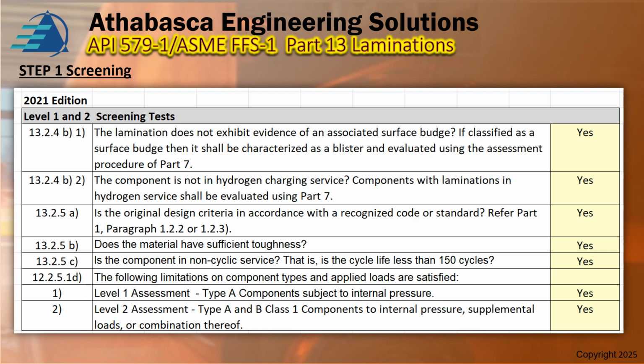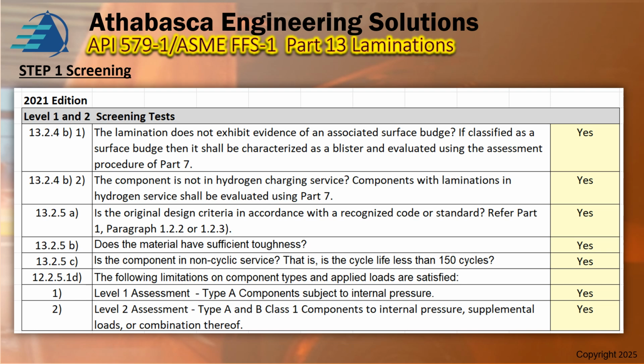Is the original design criterion in accordance with the code or standard? That's a standard question asked for every part. I've never seen anybody not do this, but it's about following the recognized codes. Does this material have sufficient toughness?